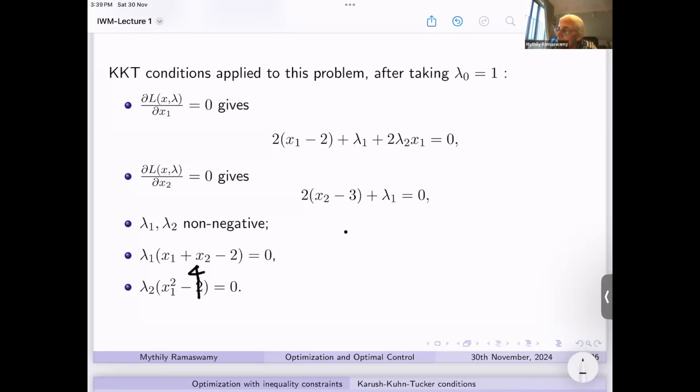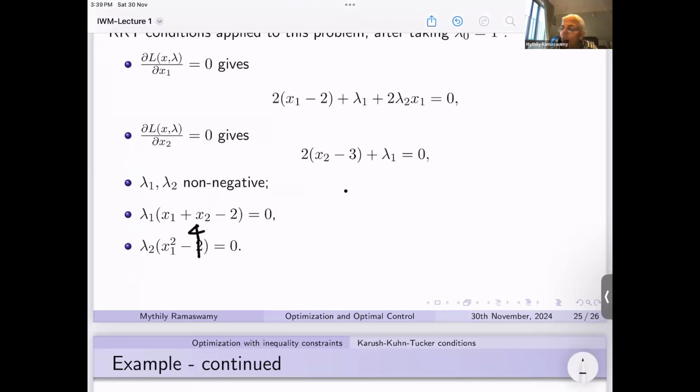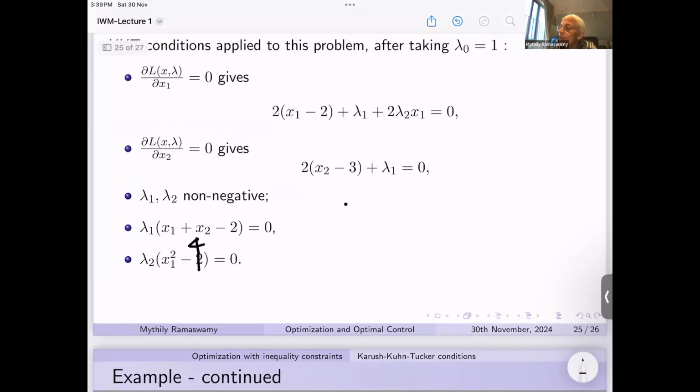So let me go to the solution. Probably you tried: what happens if lambda 1 and lambda 2 are 0? So this will vanish. I have only one possibility, x1 is 2, x2 is 3. And obviously it will not be a solution. Why? Can (2, 3) be a solution at all? Does it satisfy the constraint?